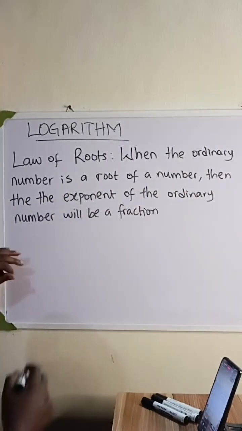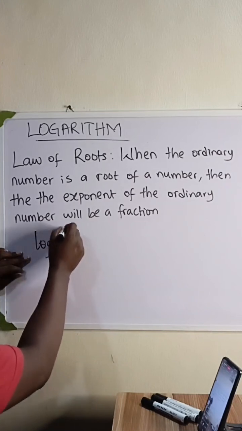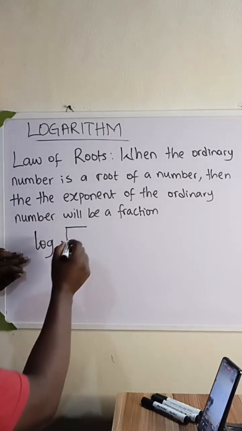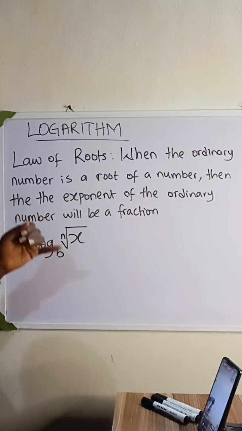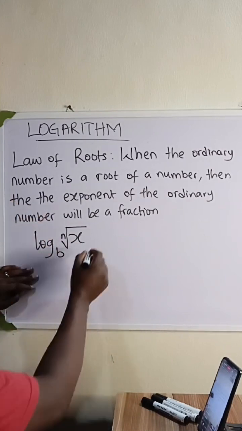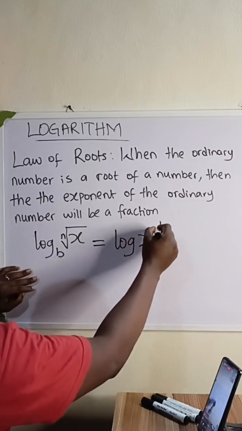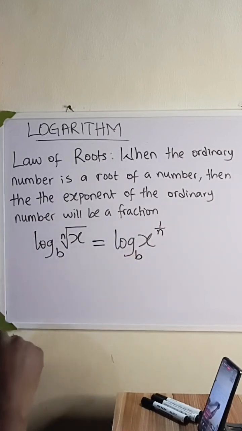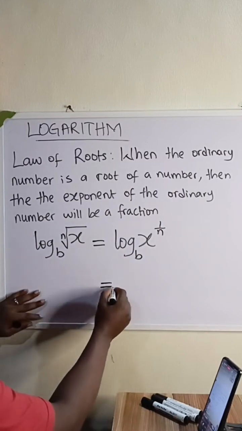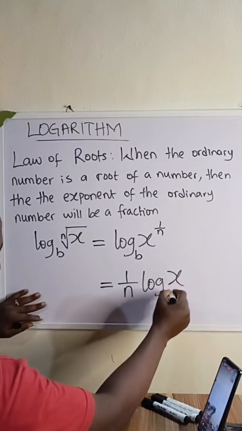So what this means is that if you have log b square root of x, any root actually, it can be square root, it can be cube root, it can be any root. So this will be equal to log x to the power of 1 over n base b, which therefore will be 1 over n log x base b.